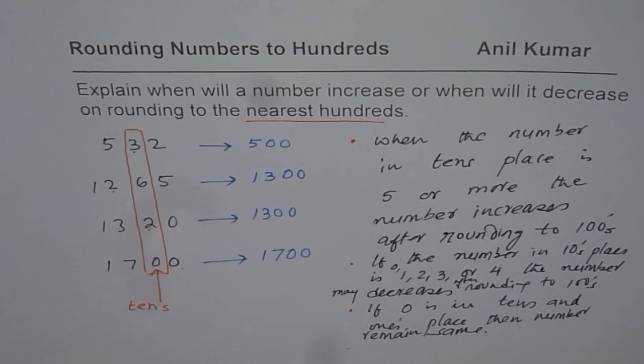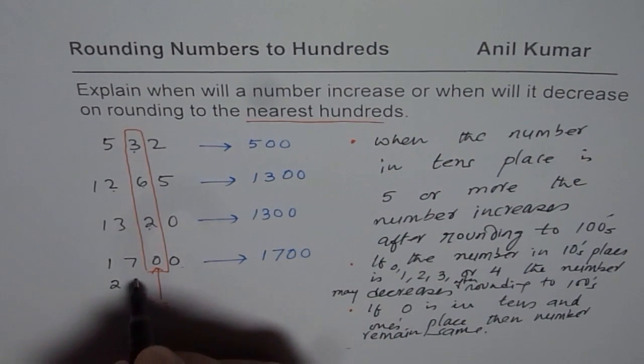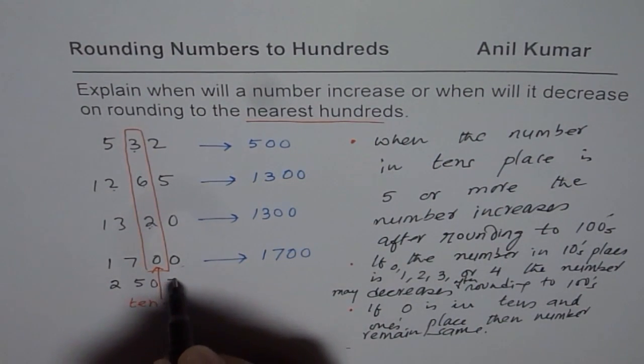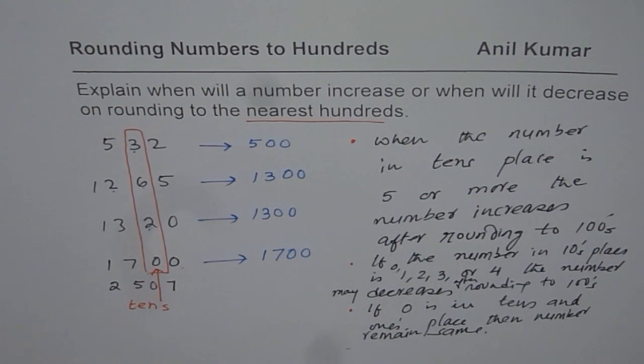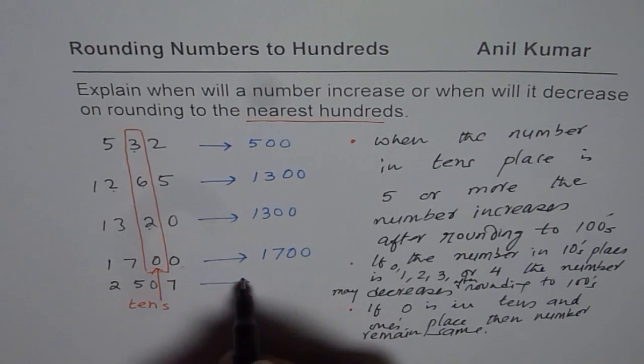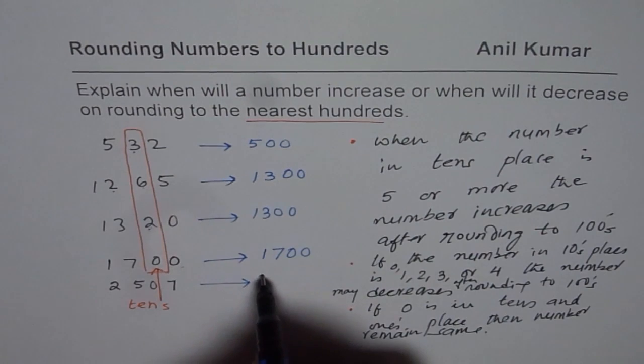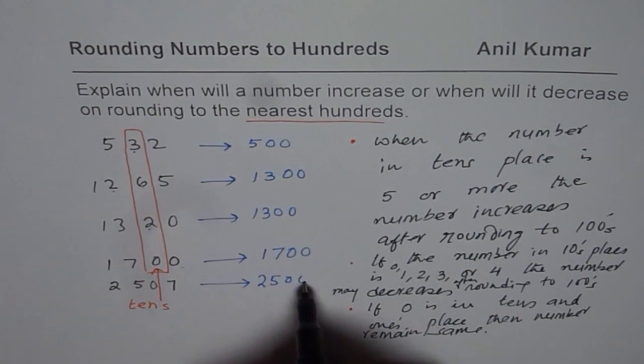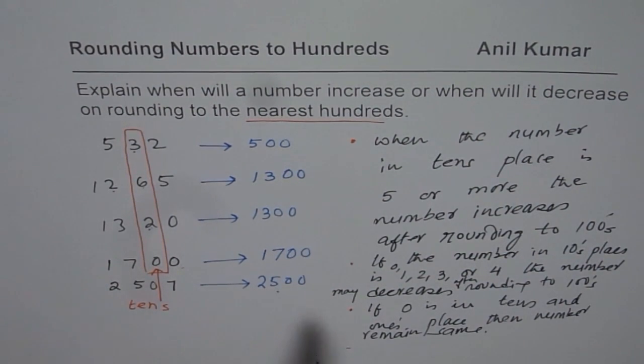If I have a number, let us say 2507, right? In this case, there could be a different case, right? This becomes 2500. The number decreased. Do you see that? So if 0 is only in tens place, not in ones place, the number still decreases. That's why I added 0 here.